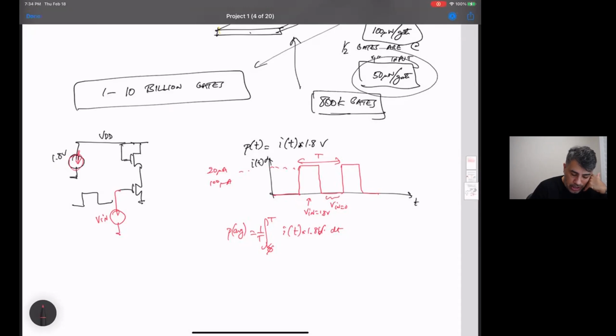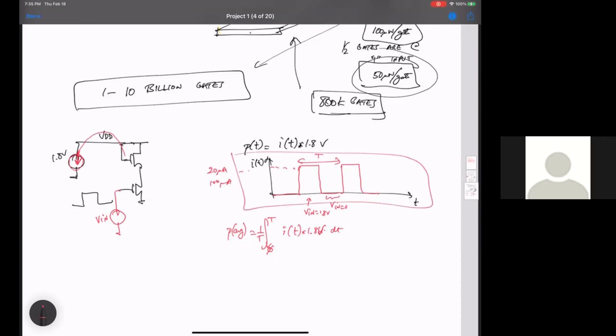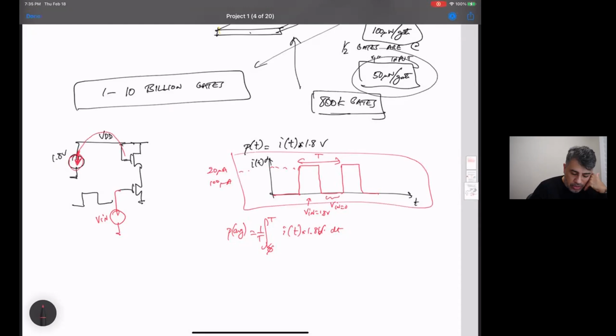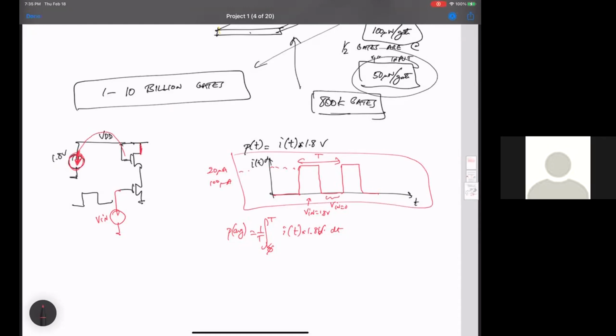If you click on it, you'll see the current going through this guy, and if you plot that, you get a plot like this. Oh, I see. So you plot the current going through this drain. Got it. Okay, thank you.